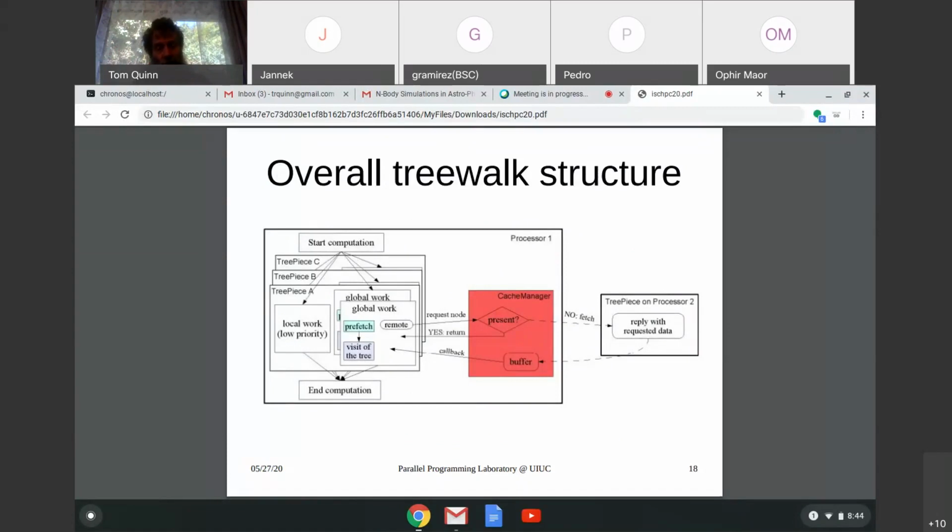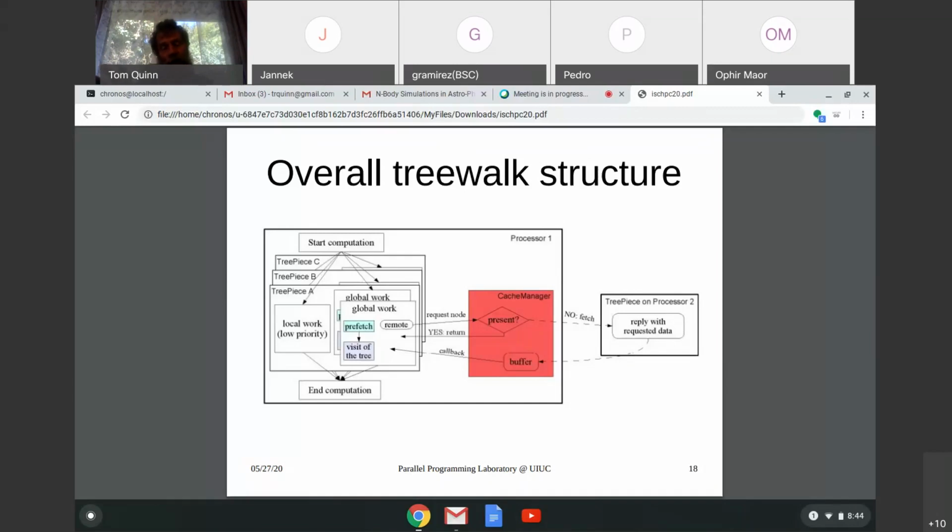And to work in parallel, we have many parallel objects performing a tree walk, and we divide it up into two pieces. There's you can walk your local tree, which is fairly straightforward, and you can walk your remote tree.